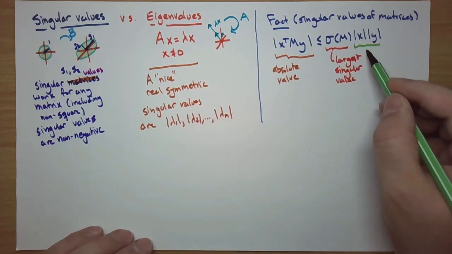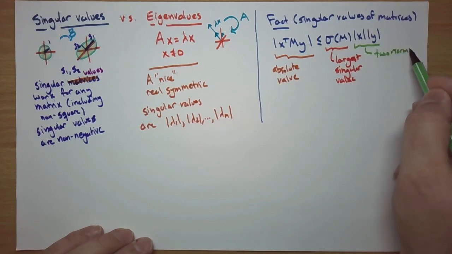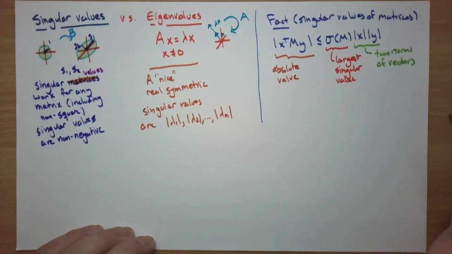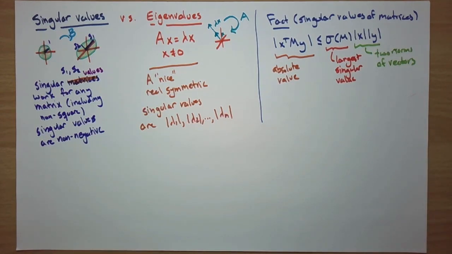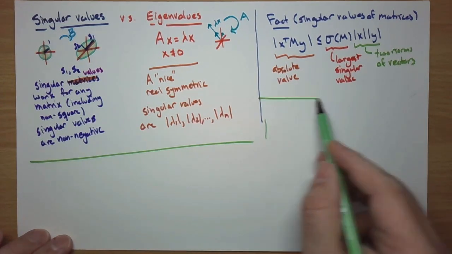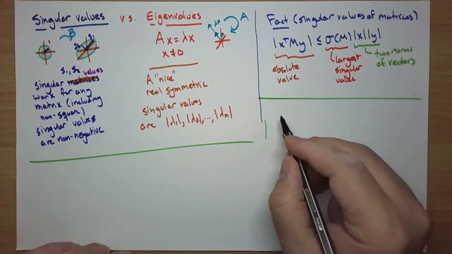These are the two norms of vectors, the L2 norms. With that in place, we're going to talk about an idea. There's this notion called discrepancy.